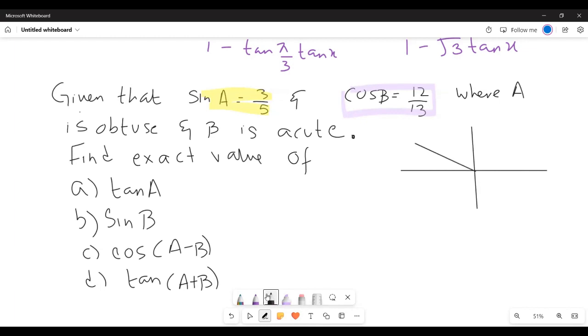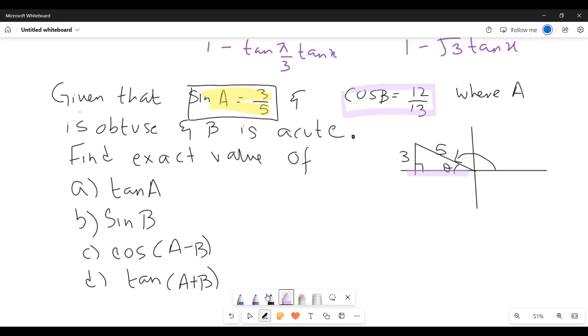Let's say this is A. Now I'm going to draw a right angle here. Sin A is equal to 3 by 5, so this would be 3, the perpendicular or the opposite, and this would be 5, the hypotenuse. So then what would be this length?